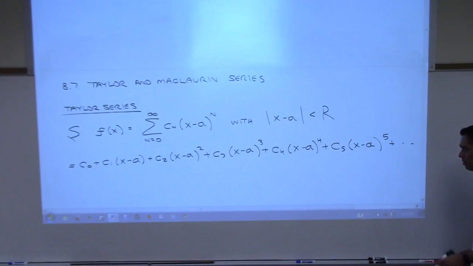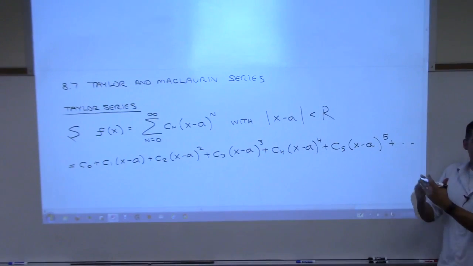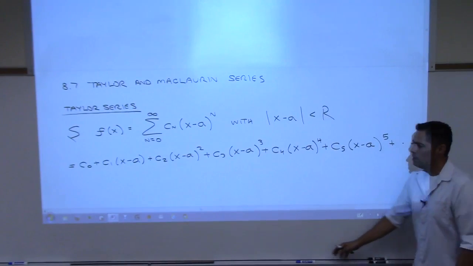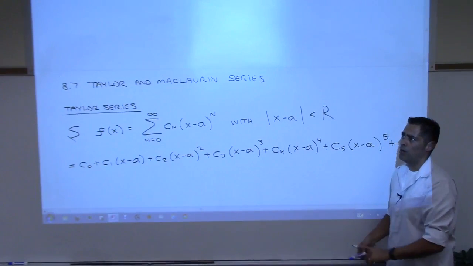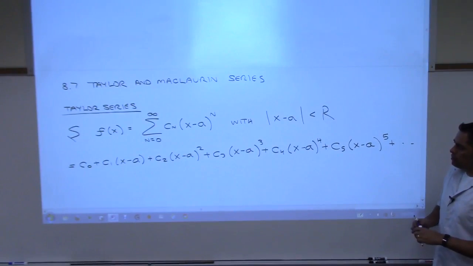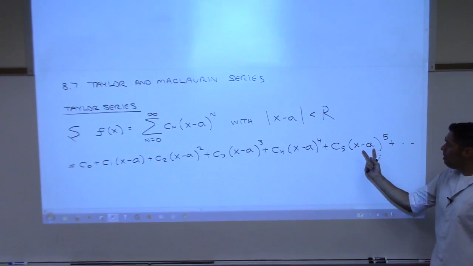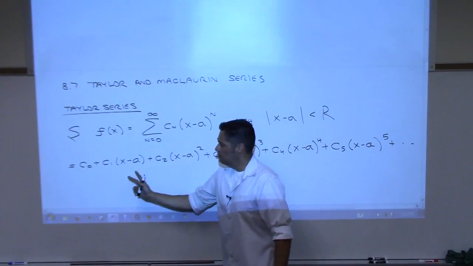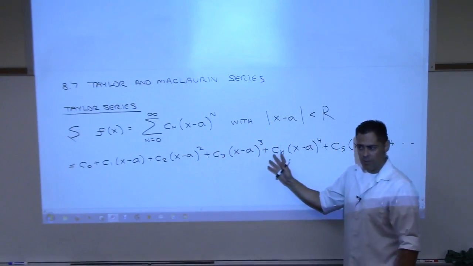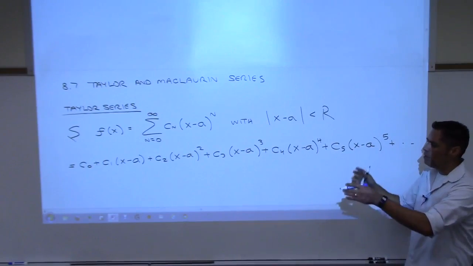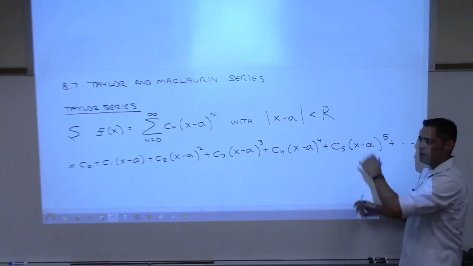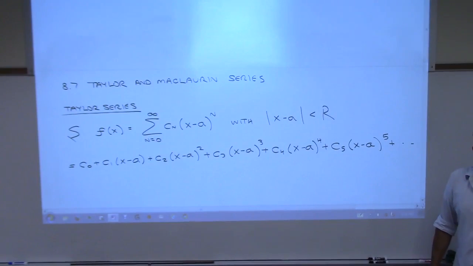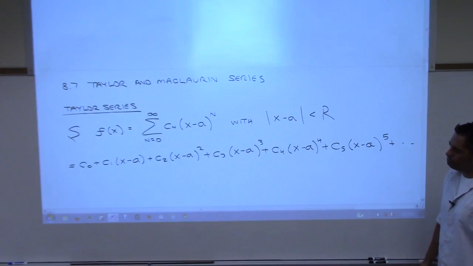So the only real distinguishing factor between different power series is what? What differentiates them from one another? They'll all have x minus a to various powers, right? They'll all have that part to them. If a is 0, then there will be x squared, x cubed, right? But what's different between them?